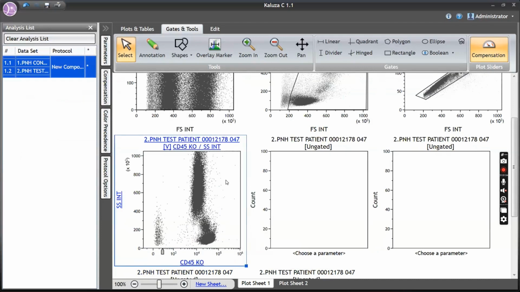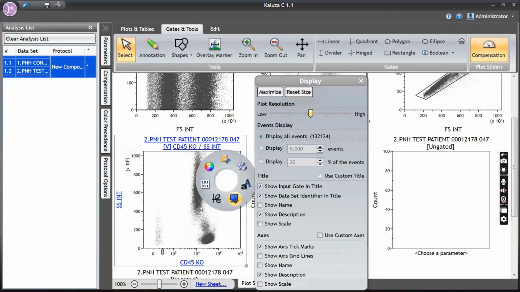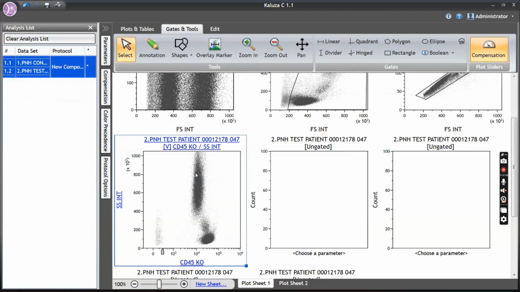So as we saw with the last case, we are having a high side scatter population, which is possibly neutrophils with some eosinophils, a small monocyte population, and a lymphocyte population. So I'll get only the neutrophil population.